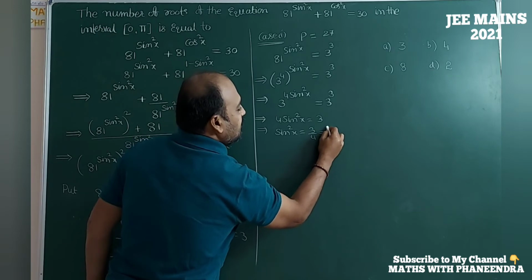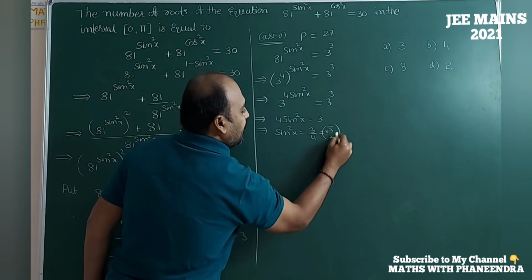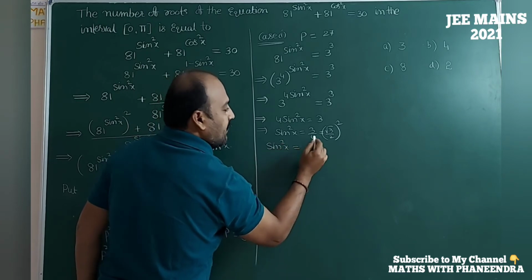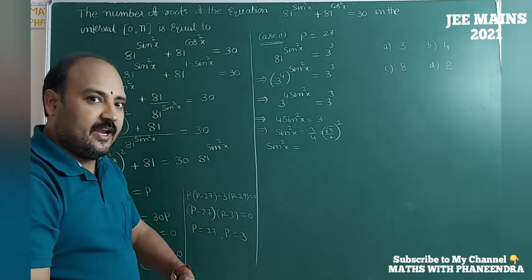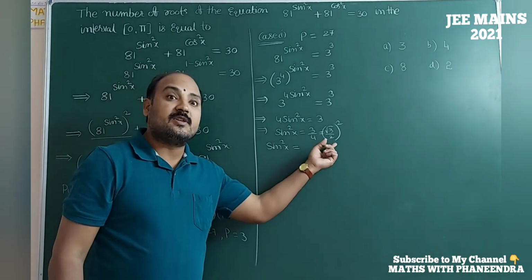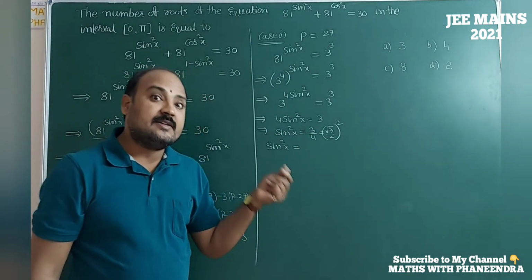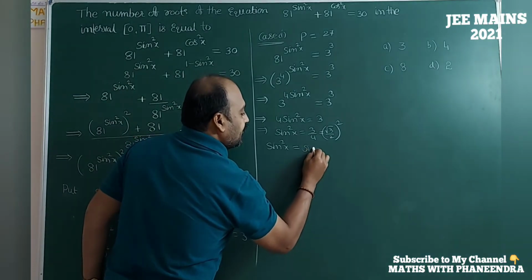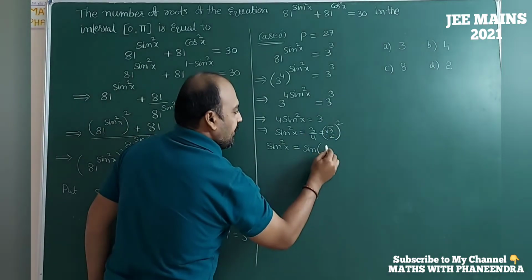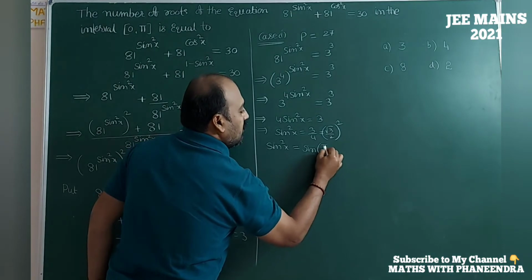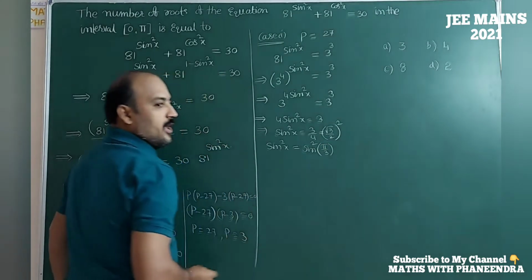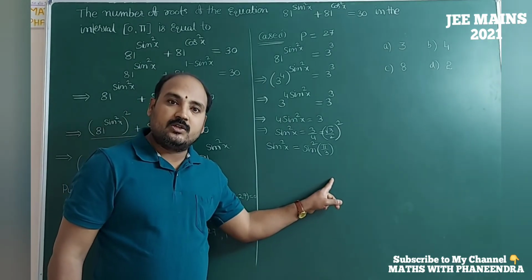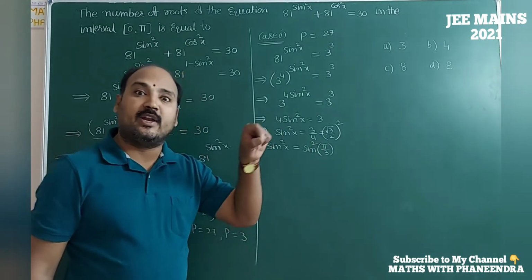That can be expressed as root 3 by 2 whole square. So sin square x is equal to root 3 by 2 whole square, in terms of sine. For what angle does sine become root 3 by 2? Sine 60, which means pi by 3, whole square. It is in the form of sine square theta equal to sine square alpha, so theta equal to n pi plus or minus alpha.